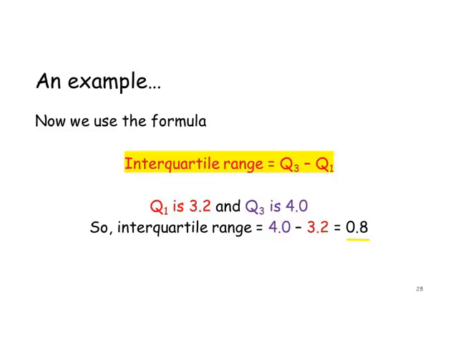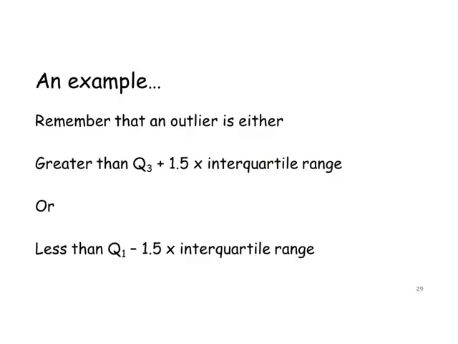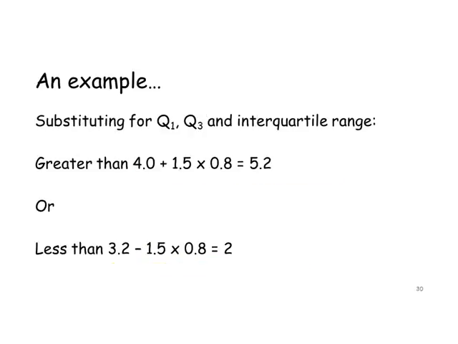Okay, we know the interquartile range, but we're interested in outliers. Remember our formulas for testing for outliers, we need to do these two calculations: Q3 plus 1.5 times the interquartile range, and Q1 minus 1.5 times the interquartile range.